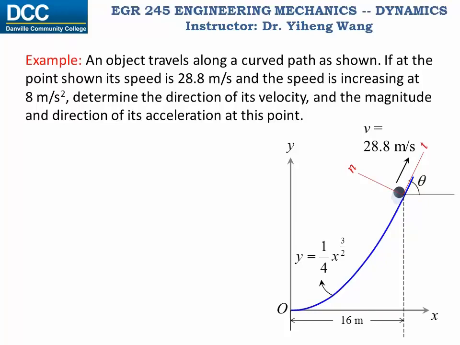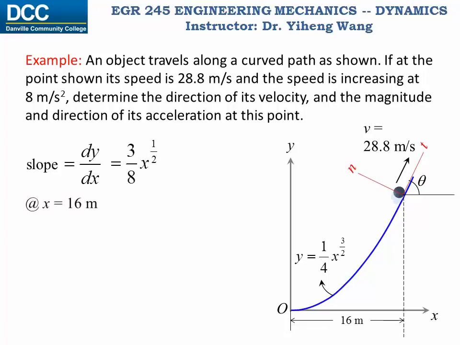To determine the direction of the velocity is to determine the direction of the t-axis, which is characterized by this angle theta that it makes with the horizon. And because the path's equation is known, y equals 1/4 times x to the 3/2 power, therefore its slope at any given point is dy/dx, which equals 3/8 times x to the 1/2 power.